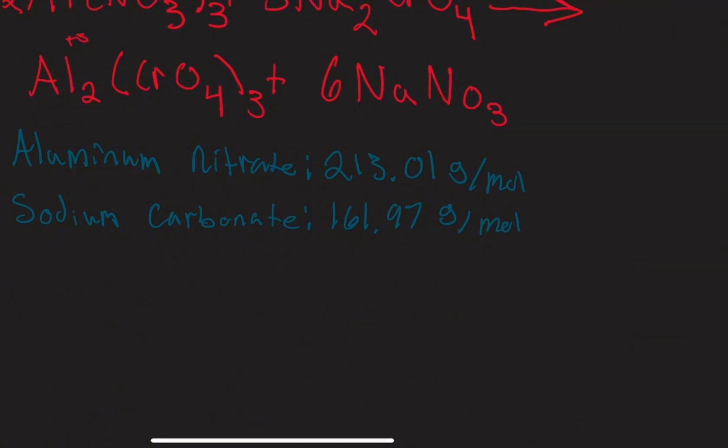Okay, and now we know what our precipitate is. It's going to be aluminum chromate. And the molar mass of aluminum chromate is 437.99 grams per mole.